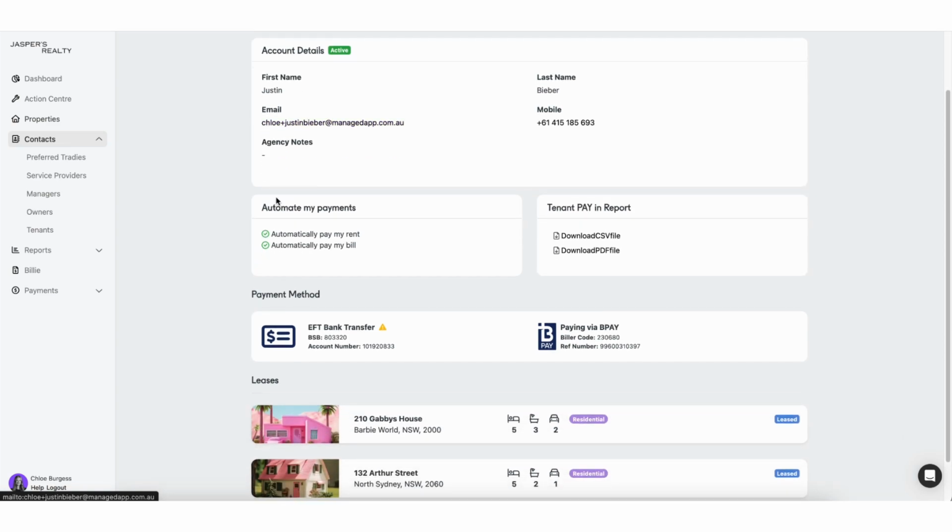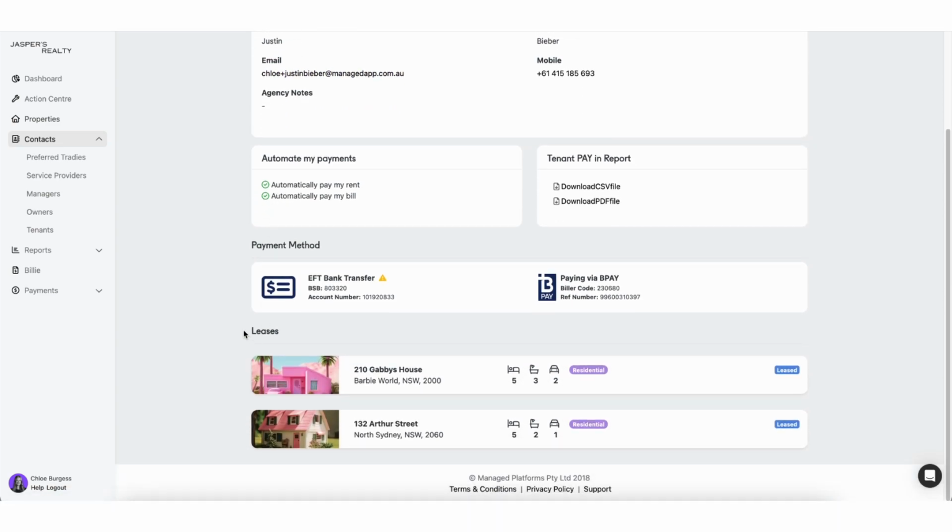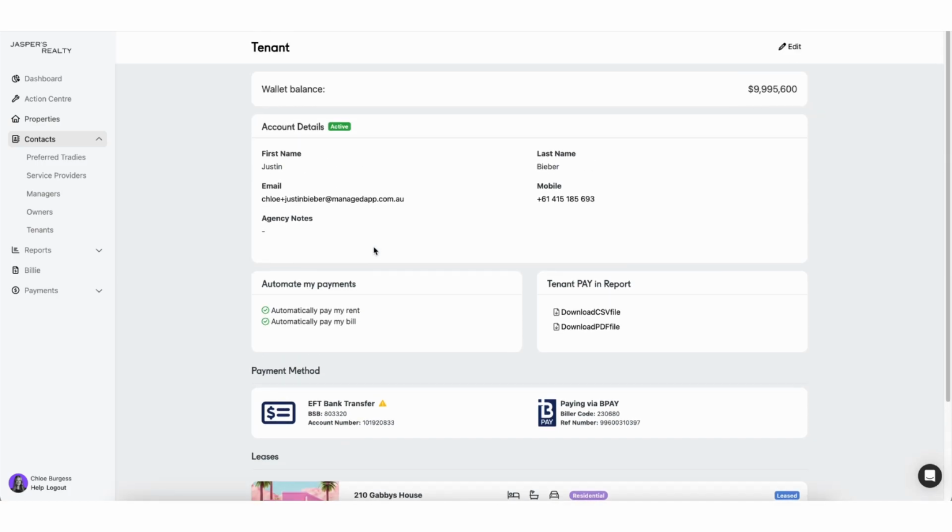If I scroll further down, I can see that this tenant is linked to two separate leases. They might personally rent a property and also rent another property as a business account. So yes, one email for a tenant can be linked across two tenancies or two rental properties via leasing, but keeping in mind that they share the same wallet.